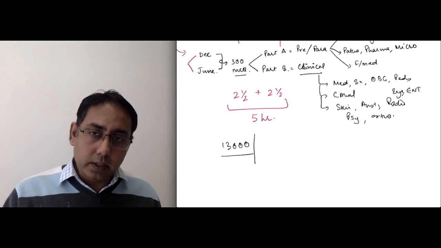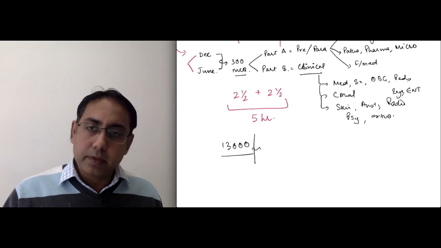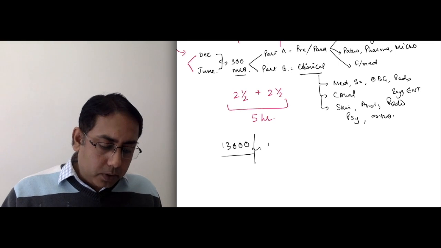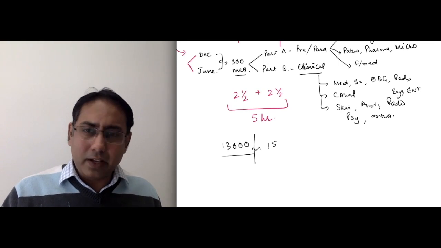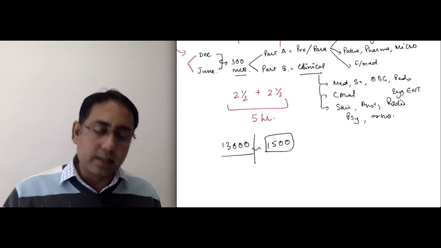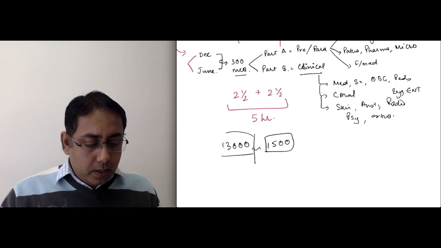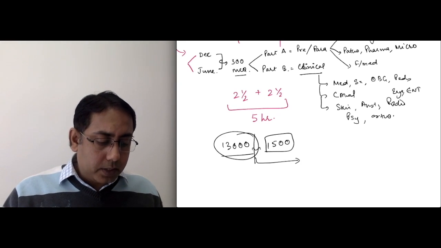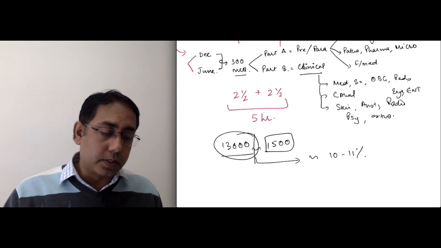Out of those 13,000, approximately, not going with the exact numbers, 1,479 or 1,500 students cleared this exam. So that gives me a pass percentage of roughly 10 to 11%.